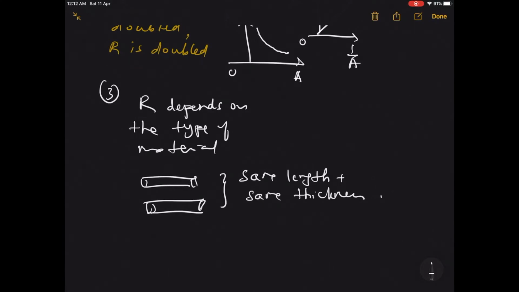But this is nickel, this is copper. So who will offer more resistance, even though they have the same length and same thickness? Not surprisingly, the nickel will have more resistance than the copper.